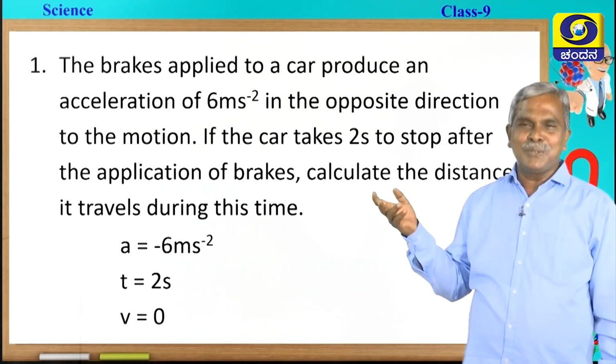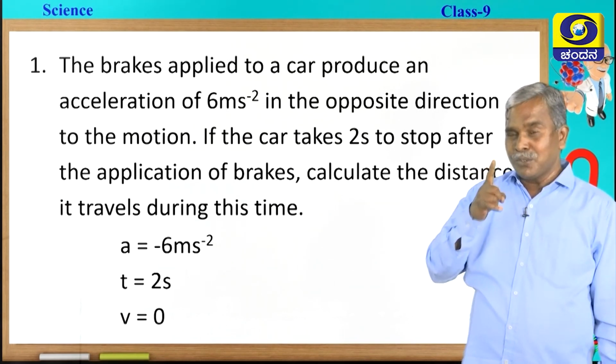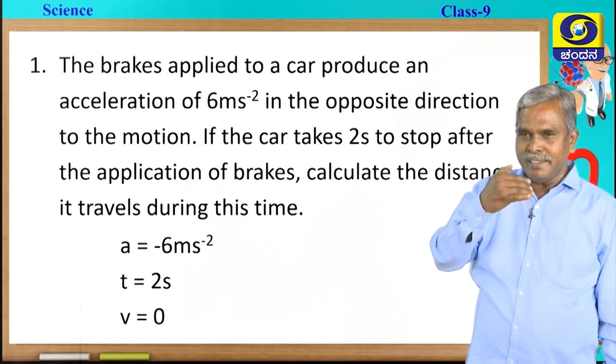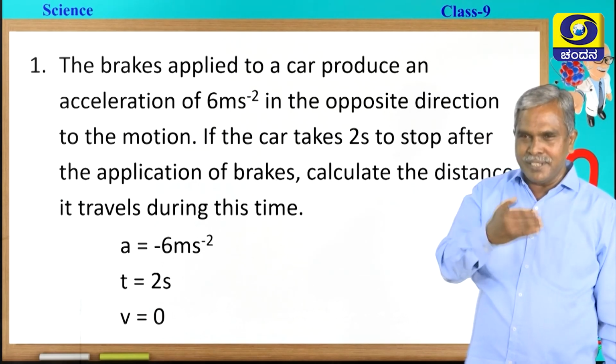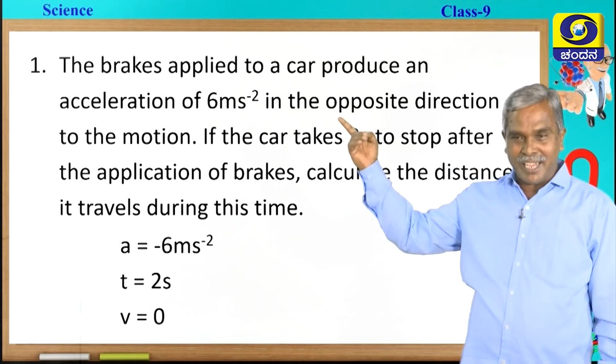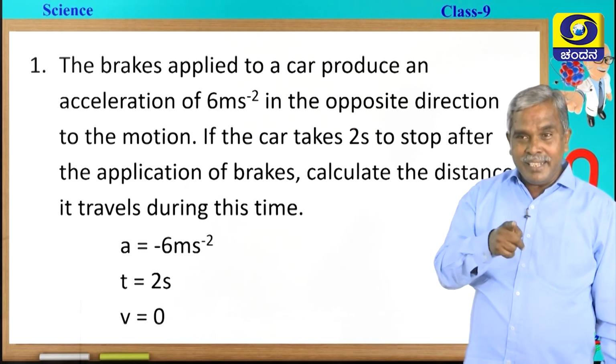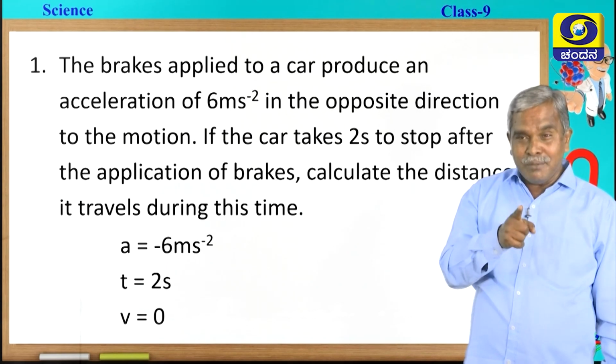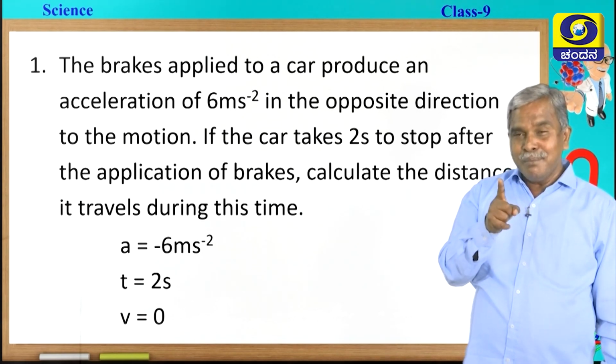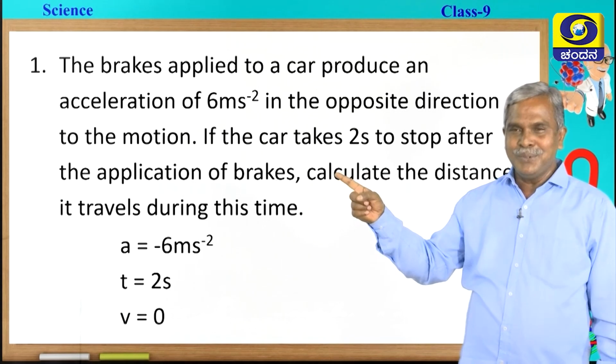Next, v is equal to 0. See, one point you must know very clearly: if the body is at rest, u will be 0 and v must have some value. Suppose the body is already in motion, u is having some value and v must naturally be equal to 0.